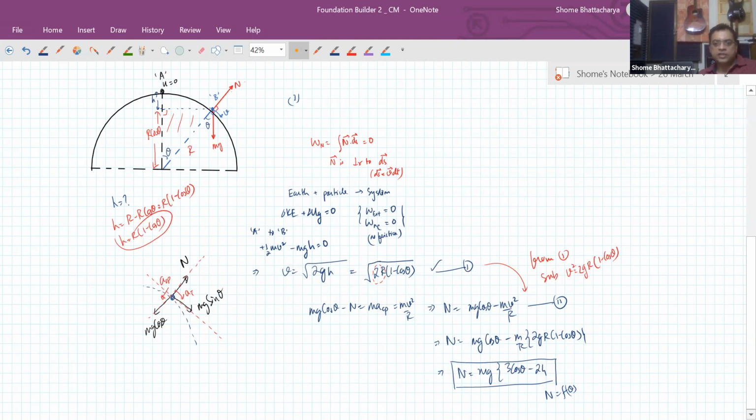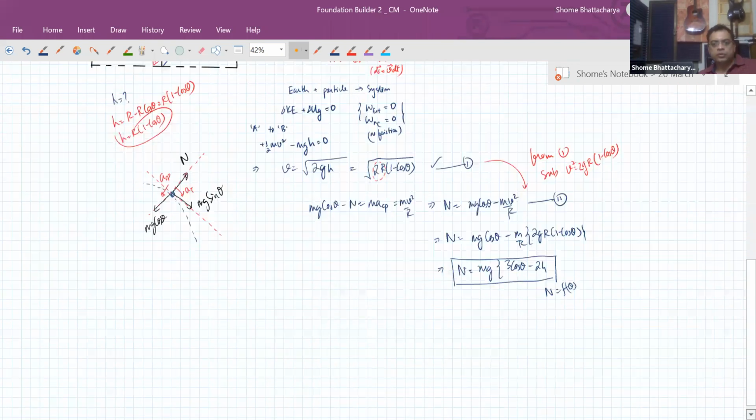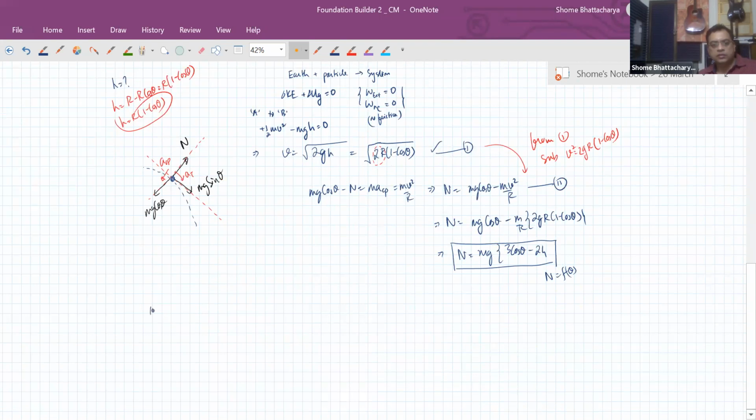Okay, so now that brings us to the second part. We have to find out at what value of theta the normal reaction becomes zero, that is, the particle loses contact. By the way, in this m is 2 kg and g is 10 meters per second square.